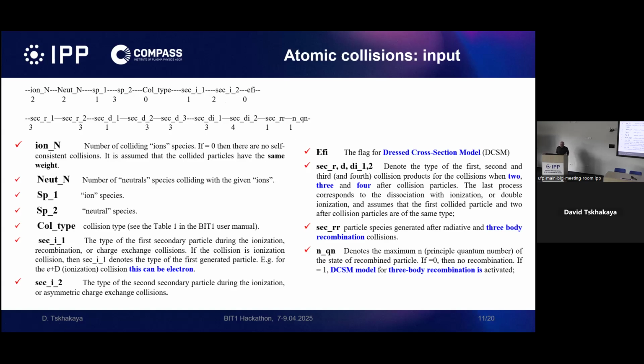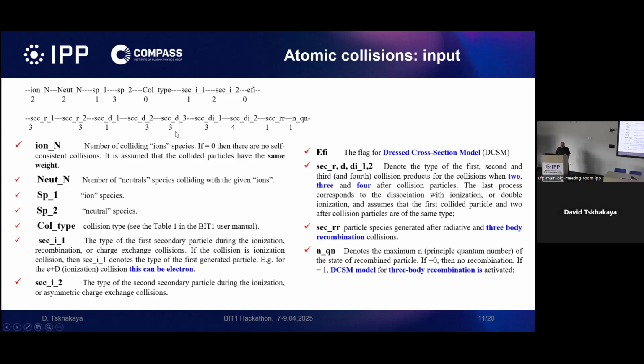FE is effective ionization, which I will speak about. It's a dressed cross-section method, which I'll consider in the next slide. Then we have different cases for recombination, and also it can be for asymmetric charge exchange. For instance, 2 particles collide and you have 2 absolutely different particles, so you have to specify what the outcoming particles are.